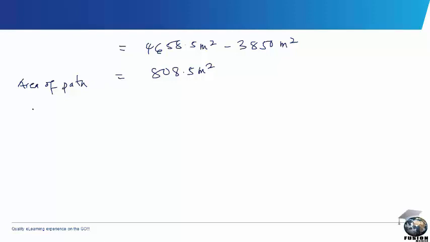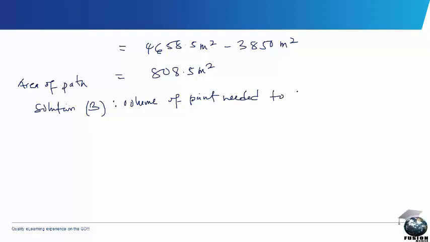And then question B says what volume of paint will be needed to cover the area of the part. Solution B, volume of paint needed to cover the part and to make a thickness of 1.0 centimeters.